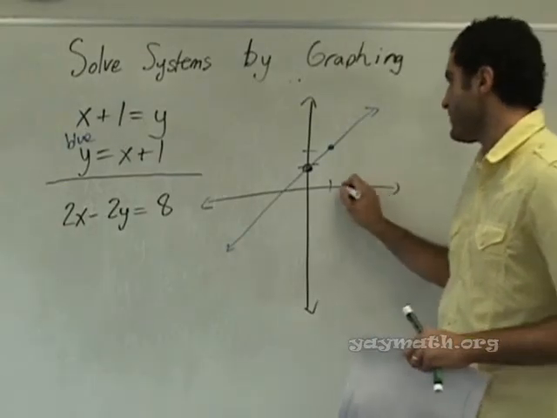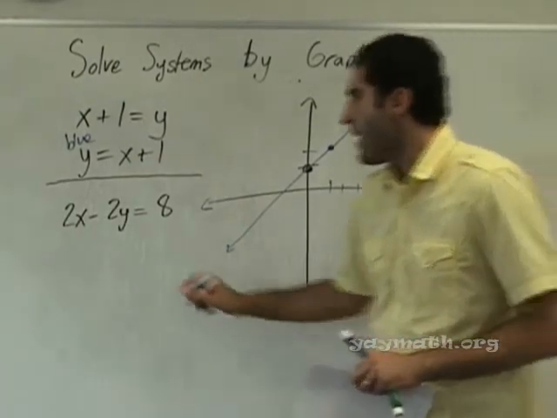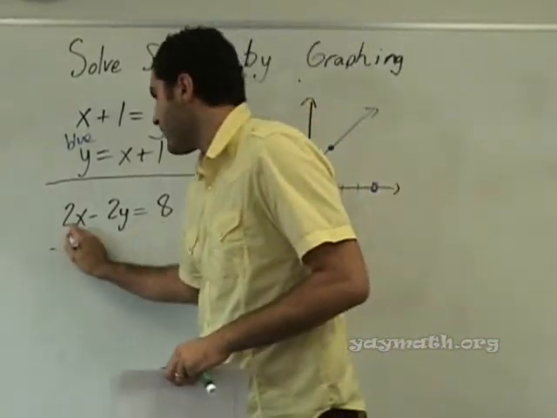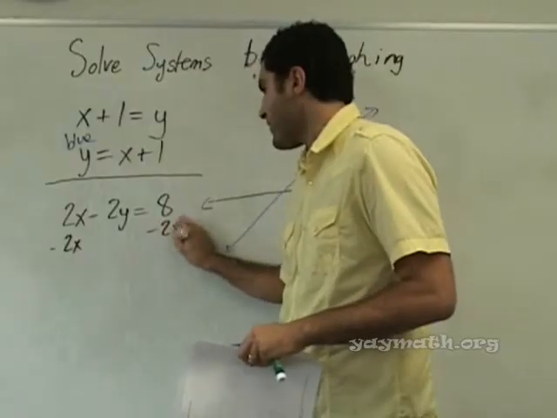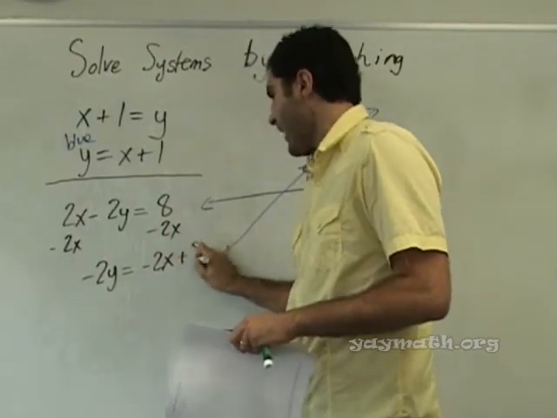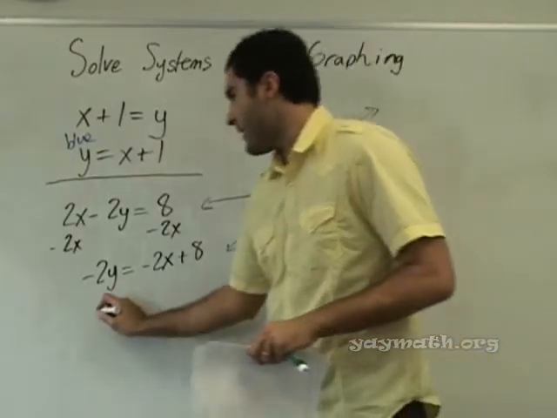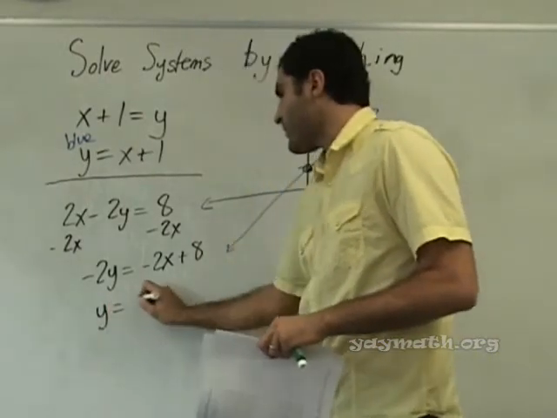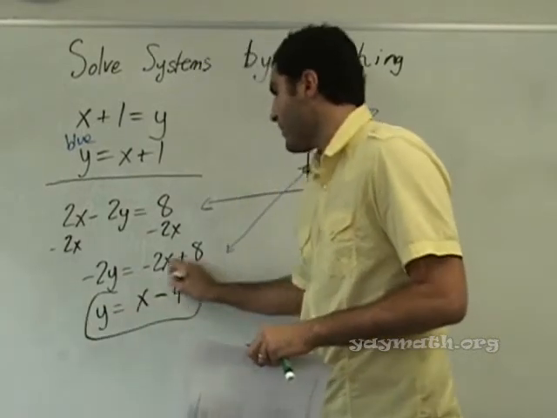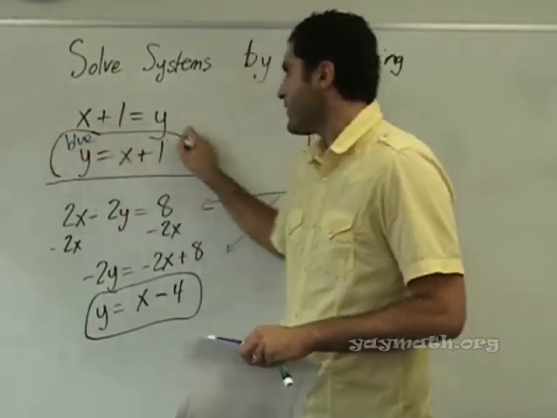I'm going to go ahead and put it in slope-intercept form just to make a point. We have negative 2x, negative 2x, negative 2y equals negative 2x plus 8. Divide both sides by negative 2. Y equals x minus 4. Is that what you said? Yeah, you're right. So these are the two equations of our lines.